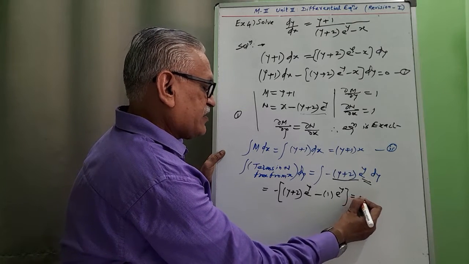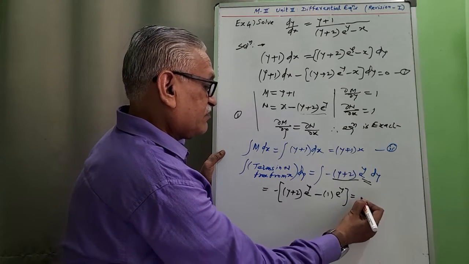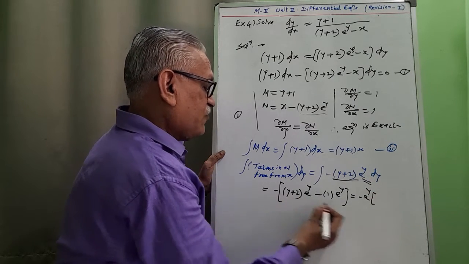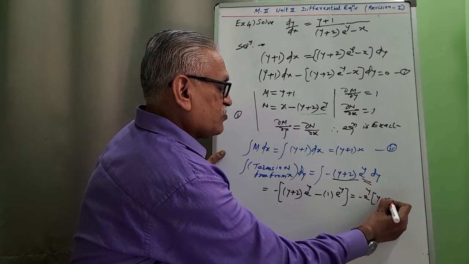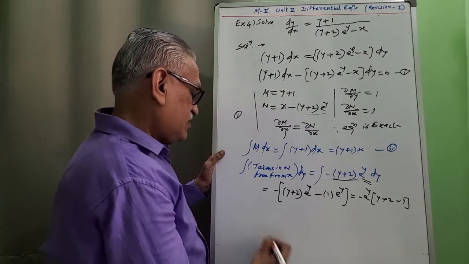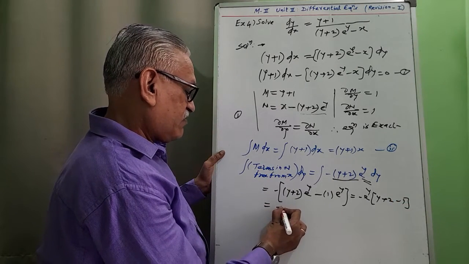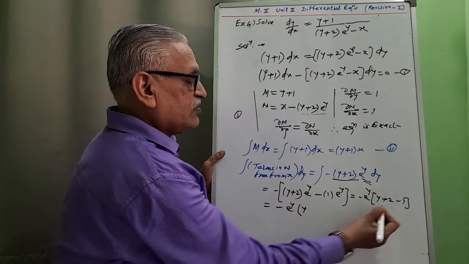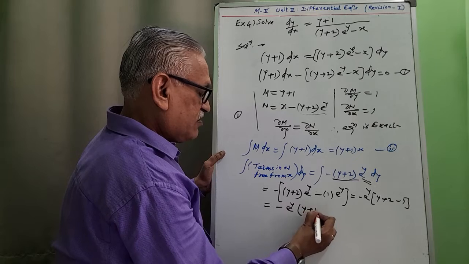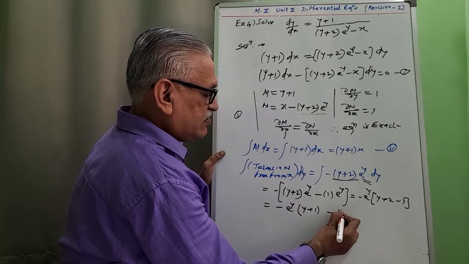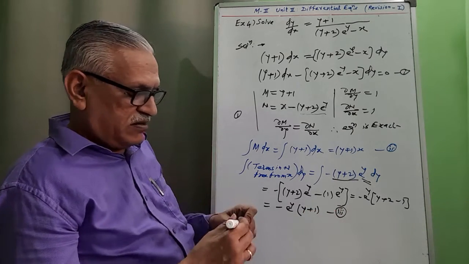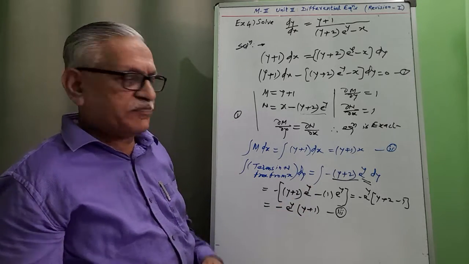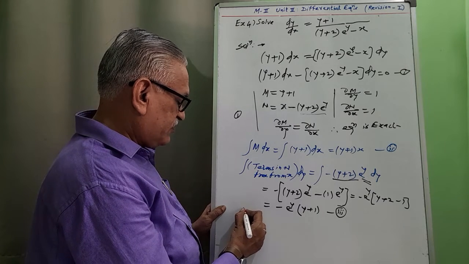From these two terms I can take e raised to y common. Therefore remaining terms are y plus 2 and minus 1. We get minus e raised to y, 2 minus 1 we get 1 as third. And then the solution is the sum of these two equated to c.